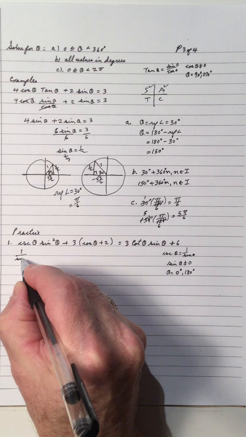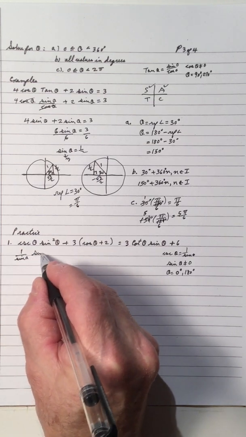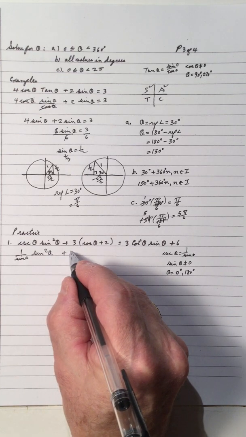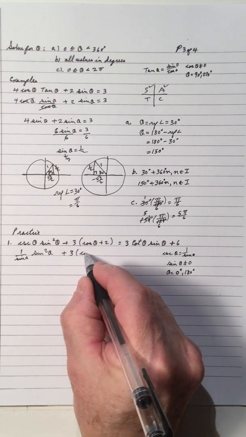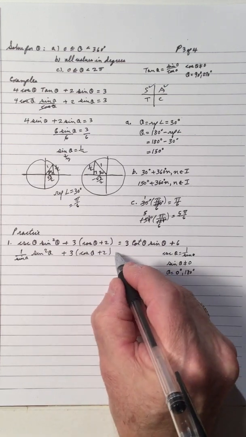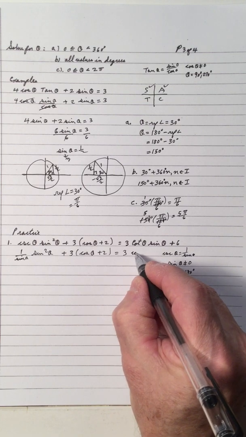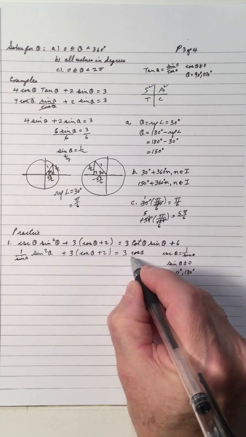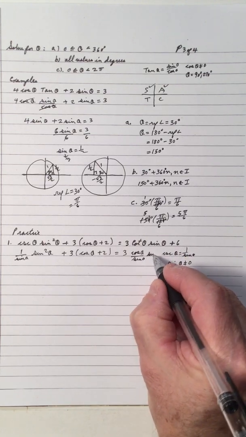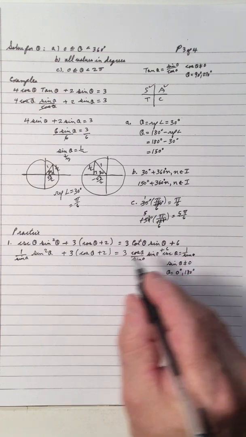Again, when the fraction, so cosecant is 1 over sine squared, plus 3 cos theta plus 2. 3 cot is cos over sine times sine. Whoop, I didn't give myself enough room here.